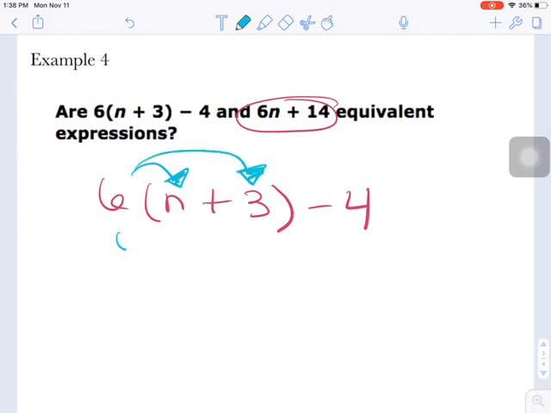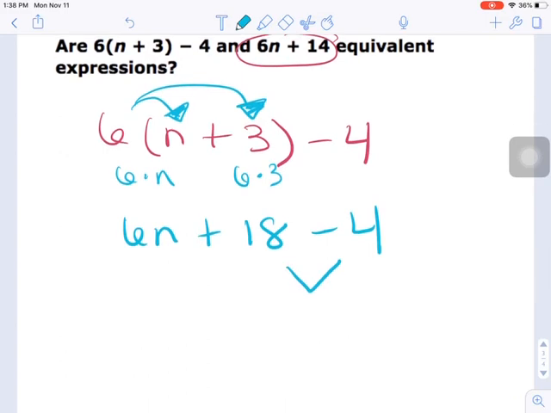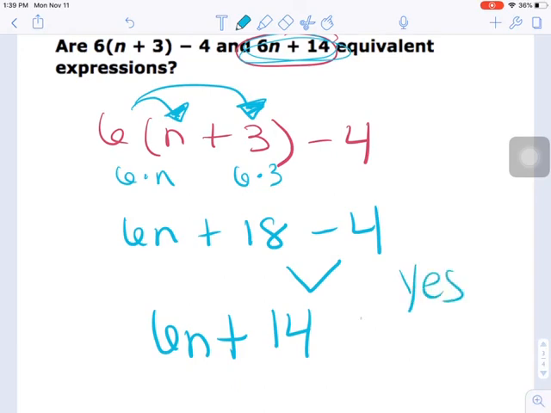So I have 6 times n, which can just be written as 6n, plus 6 times 3, which we know is 18, minus 4. I can combine my 18 minus 4 because they don't have any variables on them. And 18 minus 4 is 14. So I'm left with 6n plus 14, which is exactly the same as 6n plus 14 that we got at the top. So yes, these are equivalent.